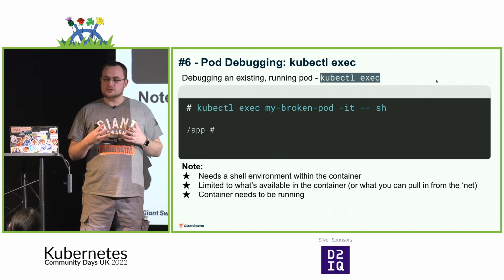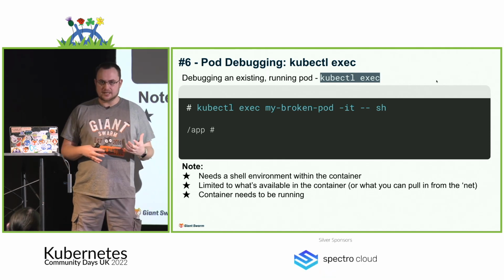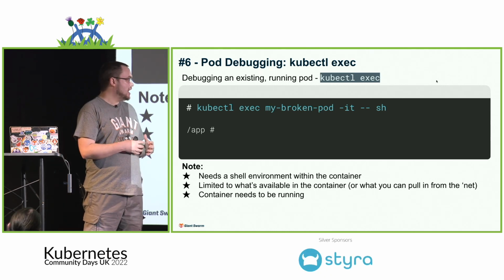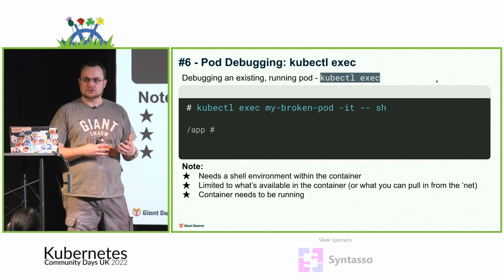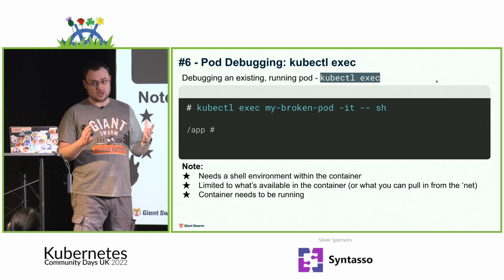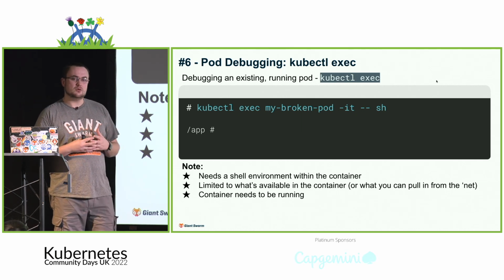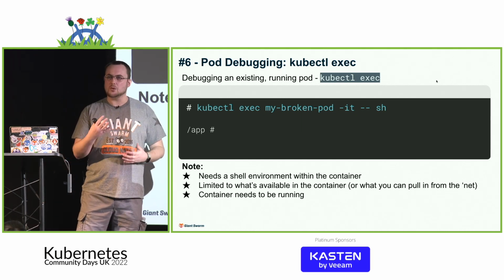You're also limited to whatever's already available in the container, or what you could possibly pull in while running in the container. So you won't necessarily have debug tools built into this container image. So it is kind of limited to, okay, what's on the file system, what's networking looking like, things like that.